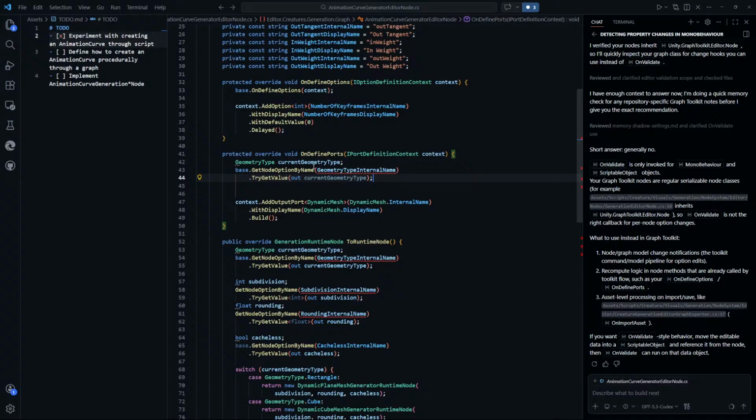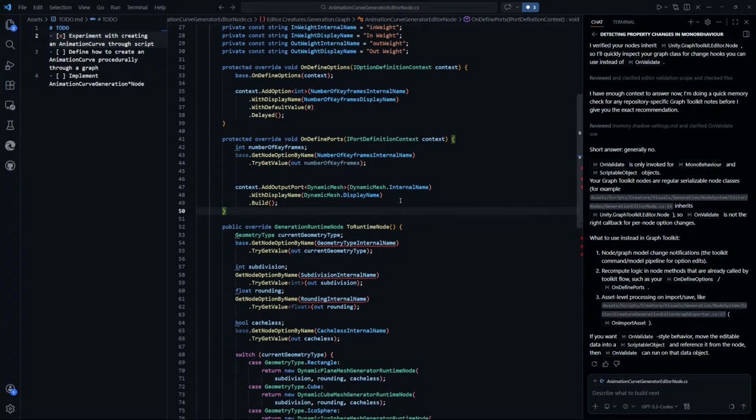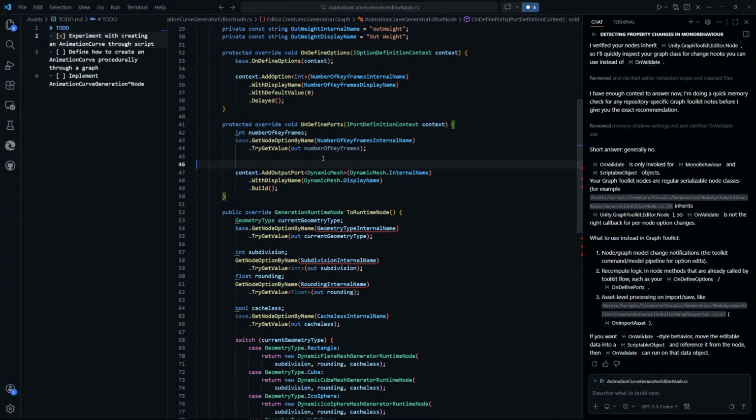we start by getting int number of keyframes. And then we do 4.